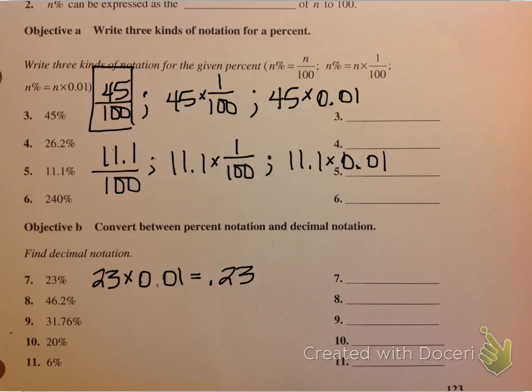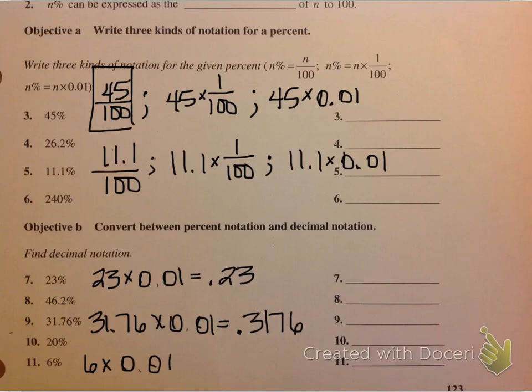If we look at number 9, 31.76%, if we want the decimal, 31.76 times 0.01. Again, if you put that in your calculator, you're going to get 0.3176. Let's look at that 6%. If we again want the decimal, we would say 6 times 0.01, and we would get in our calculator 0.06.